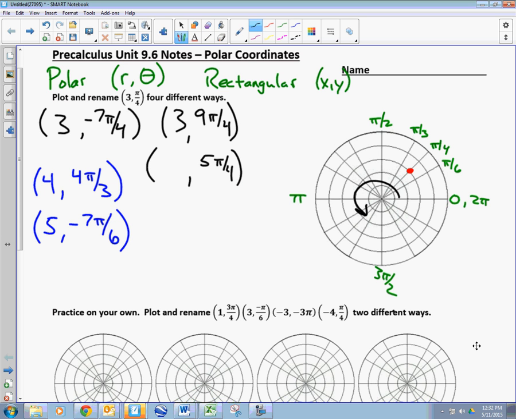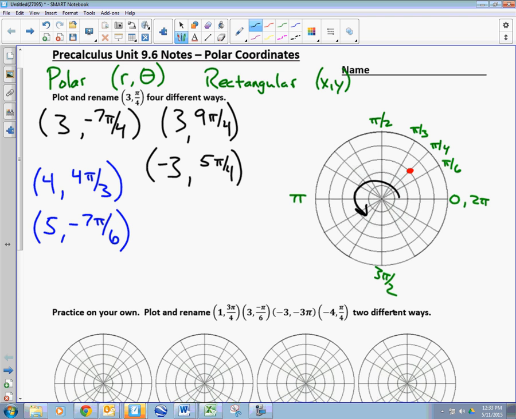Now here's what you're allowed to do with polar coordinates. If you go 3 units, it would place you 1, 2, 3, right here, correct? You can go negative 3 units, and that means you go directly on the other side. So negative 3, 5 pi over 4 is in the exact same position.